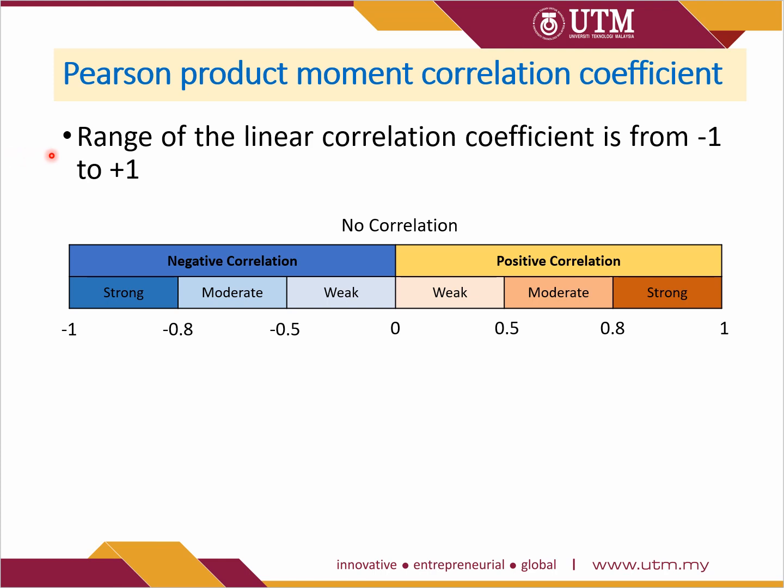The range of the linear correlation coefficient is from -1 to +1. Here, the negative values show negative correlation. From 0 down to -0.5 it shows weak negative correlation, between -0.5 and -0.8 shows moderate negative correlation, and between -0.8 and -1 is strong negative correlation.